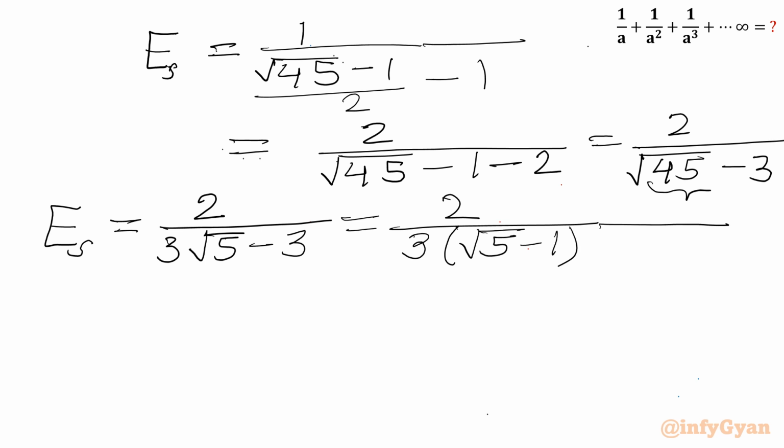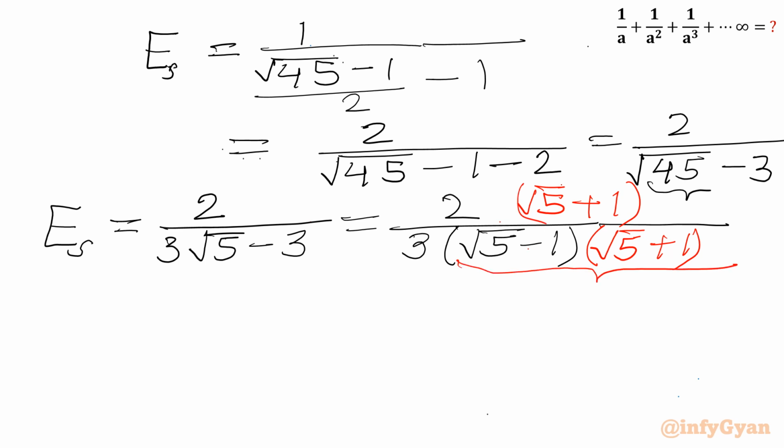Now I will rationalize our denominator. So I need to multiply the numerator and denominator by the denominator's conjugate, so root 5 plus 1. Now these two terms will give us root 5 square minus 1 square as per the difference of two squares identity.